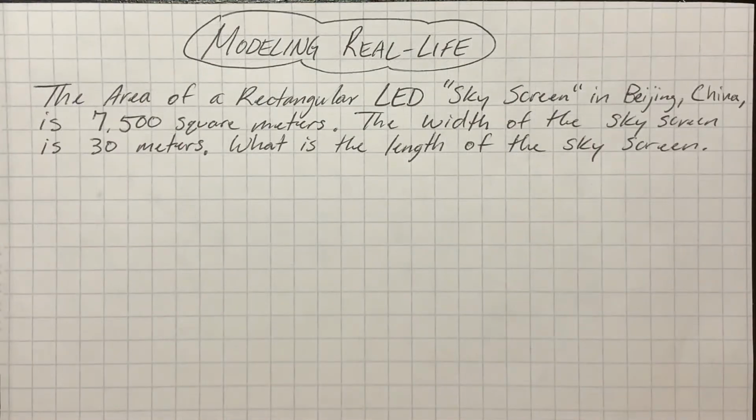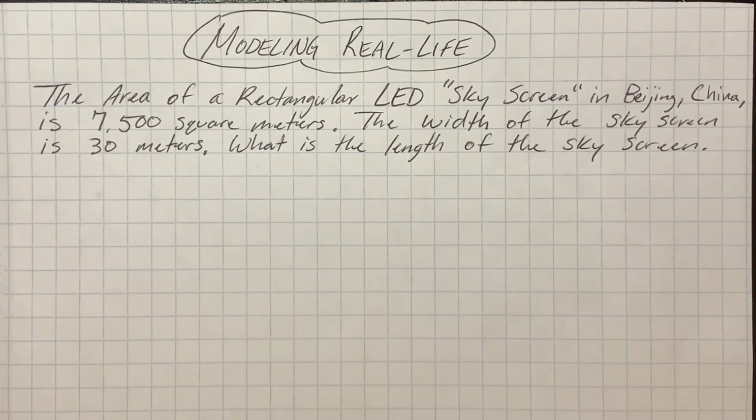All right, and lastly, we're going to work on modeling real life here. So let's read the paragraph and see what this is all about. The area of a rectangular LED sky screen in Beijing, China is 7,500 square meters. The width of the sky screen is 30 meters long. What is the length of the sky screen?